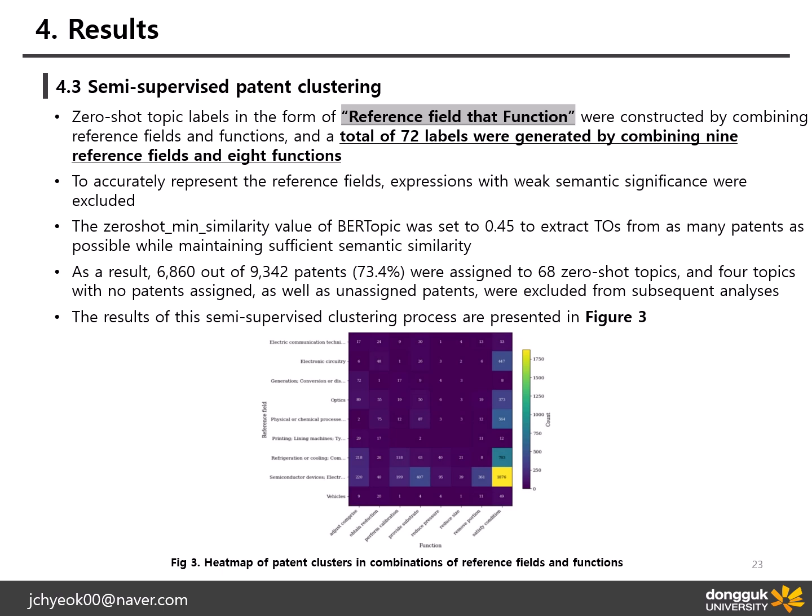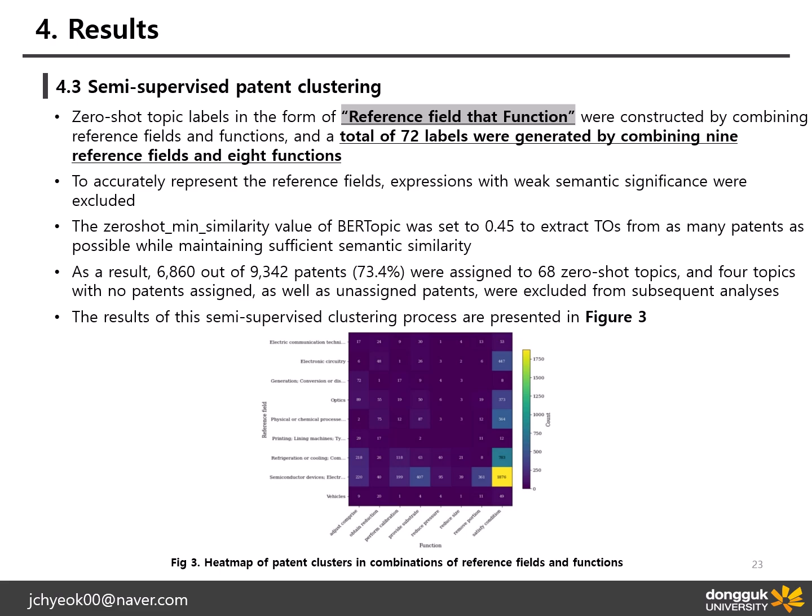As a result, 6,860 out of 9,342 patents, corresponding to 73.4%, were assigned to 68 zero-shot topics, while unassigned topics and patents were excluded from subsequent analysis.